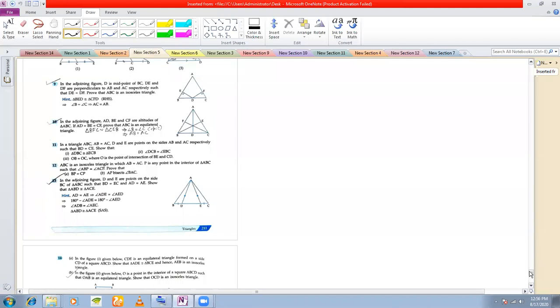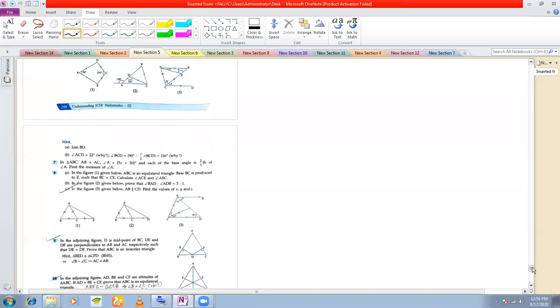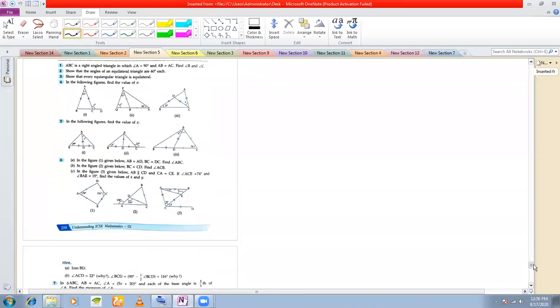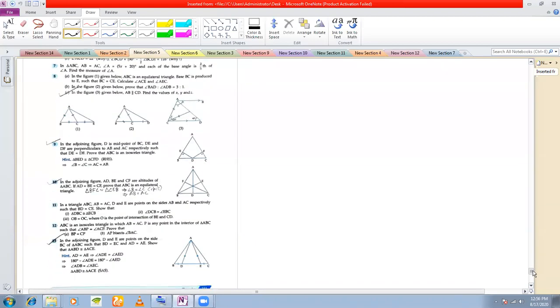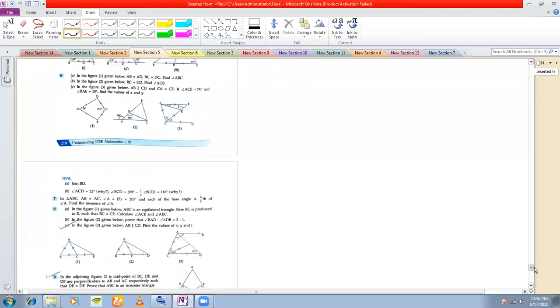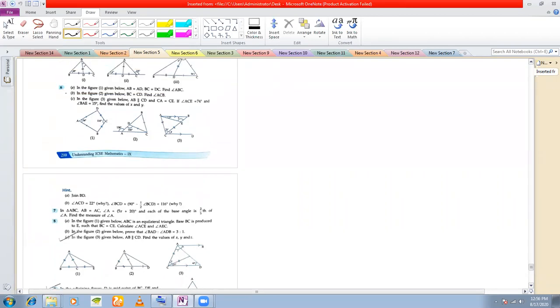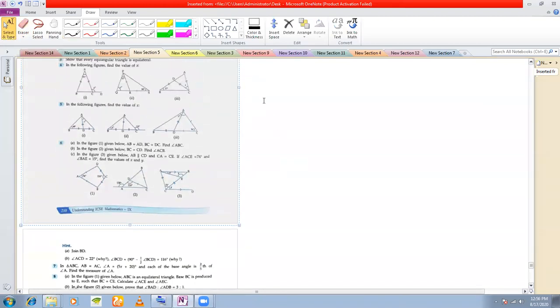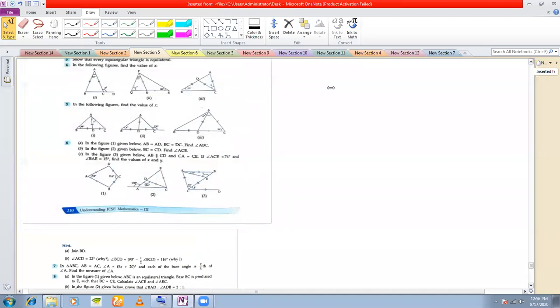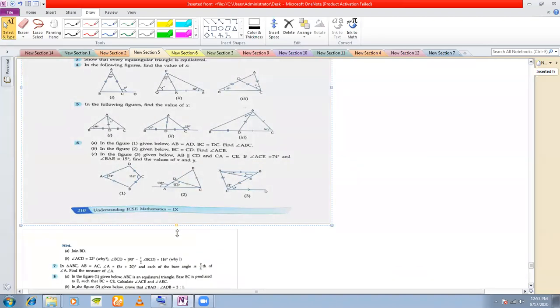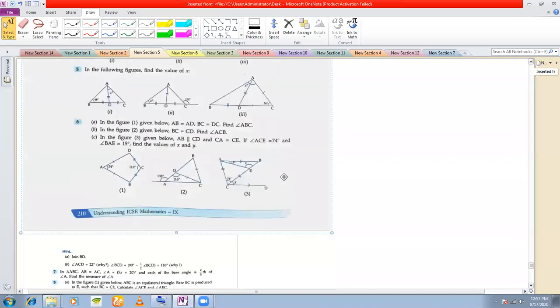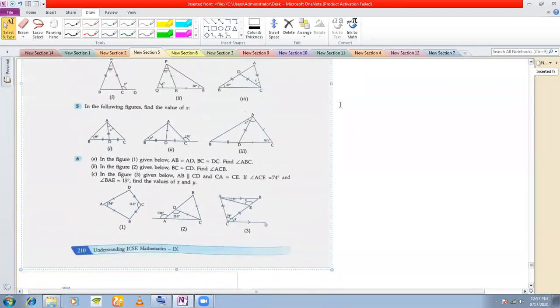Let's see. 6B. Oh, okay. 6B is this one, this figure. Hardly visible, so let me just try to enlarge this a little bit. Now I think it's quite visible.